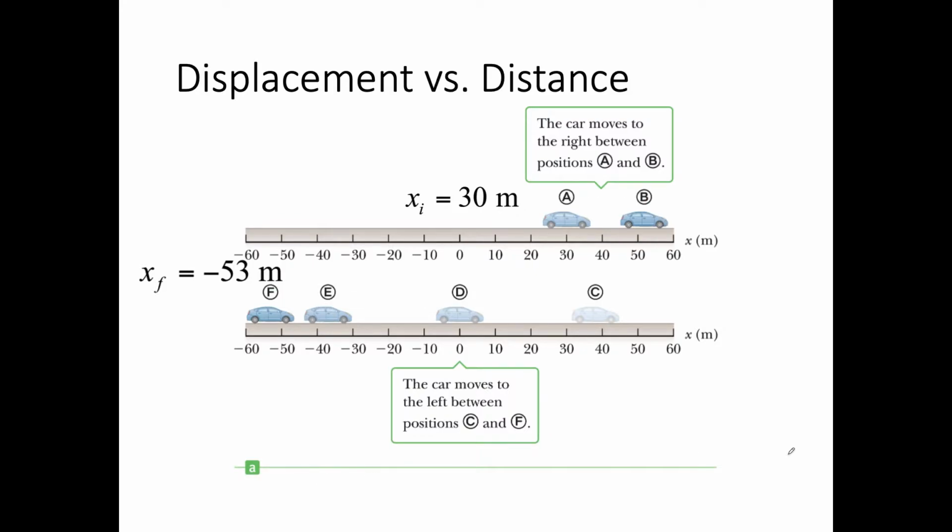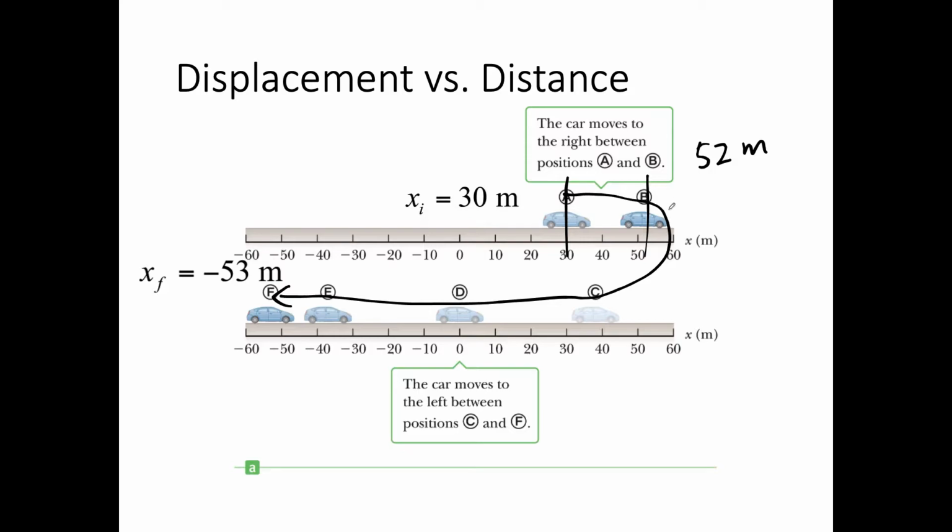This is by definition the displacement, right? Now we want to ask what's the distance the car traveled from A to B and then to C to F. The car traveled from A to B. A is 30 meters, B is 52 meters.